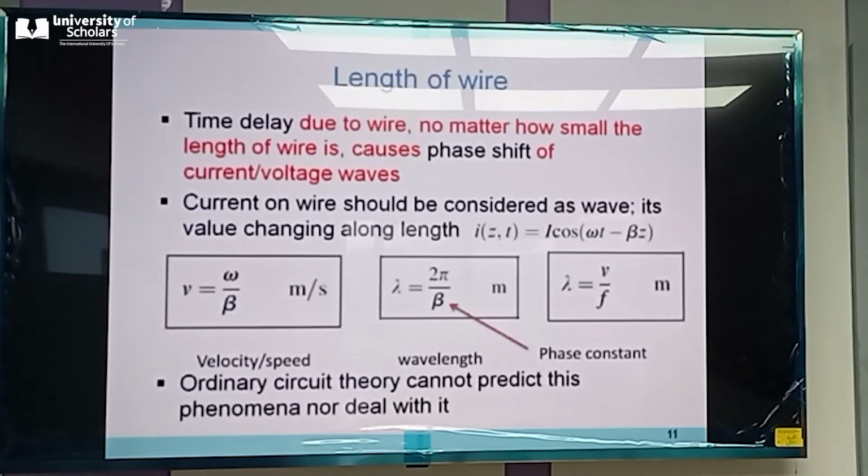So basically, if you travel from the starting point of the wire, the current decreases as the length of the wire increases. If the current decreases, your voltage basically drops at the load side.